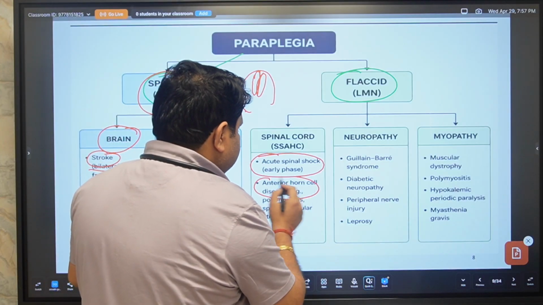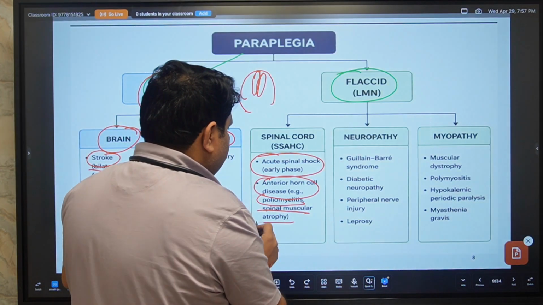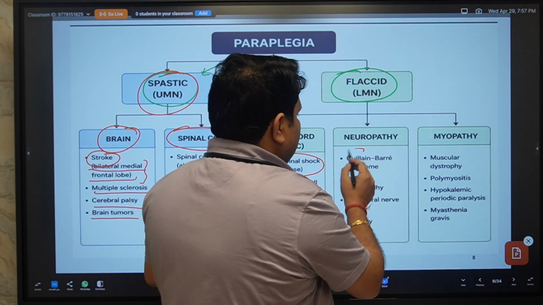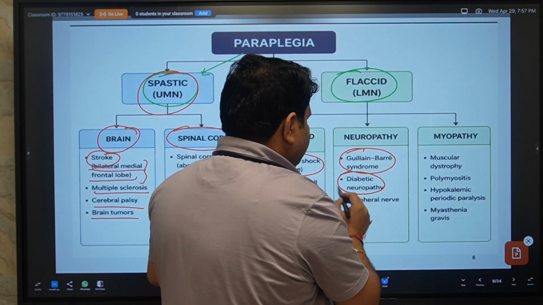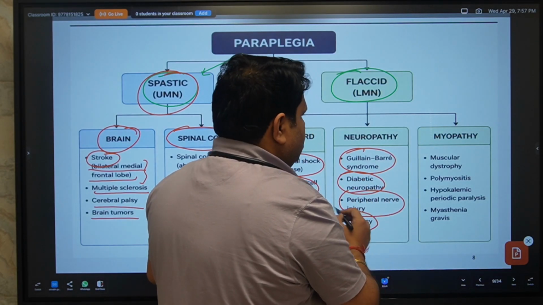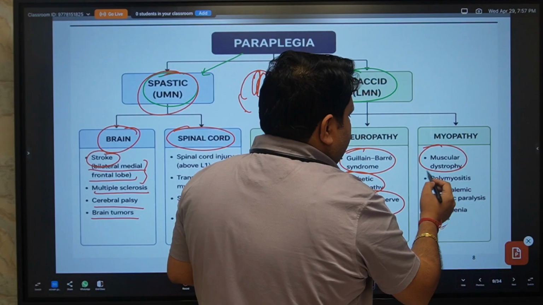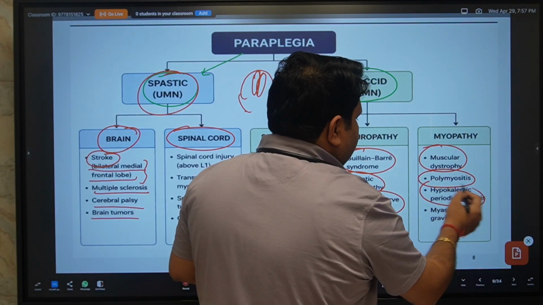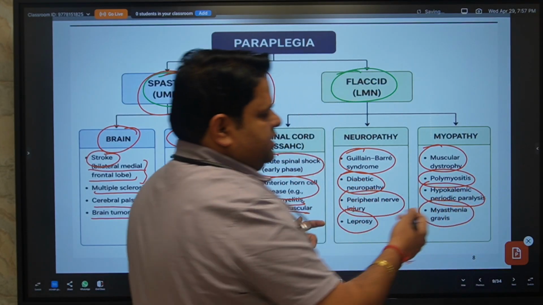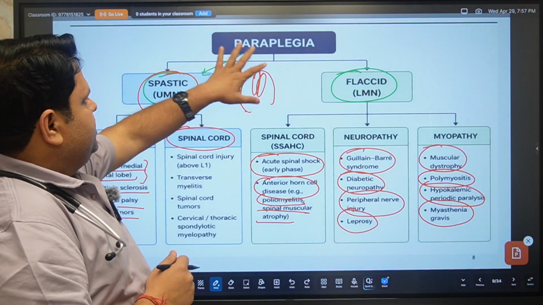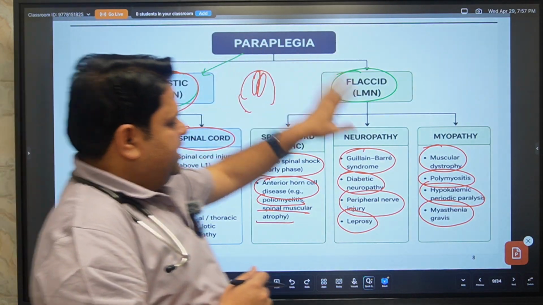Anterior horn cell disease like polio and SMA may cause paraparesis. In neuropathy, GBS, diabetic neuropathy, peripheral injury and leprosy. In myopathy, muscular dystrophy, polymyositis, hypokalemic periodic paralysis, and myasthenia gravis, a type of neuromuscular junction disorder. So in paraplegia, we divide into spastic and flaccid.